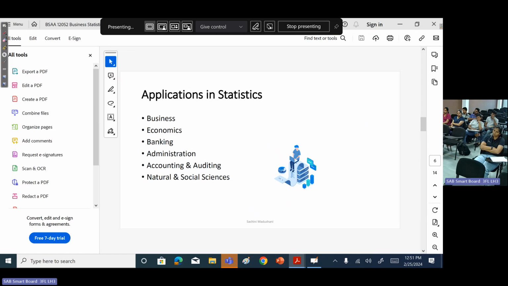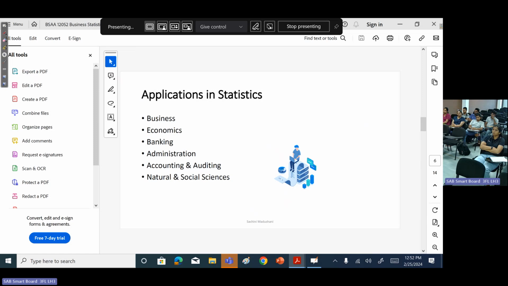Then normally businessmen estimate the value for the next 2-3 years. They estimate the sales maybe for next year and the year after. They use forecasting techniques, and they can use time series analysis to do the estimation. This is the statistical tool. Understood? This is the first application of statistics in the business field.